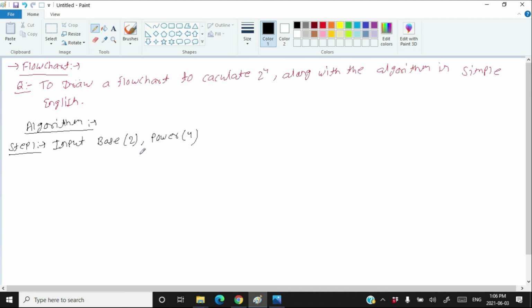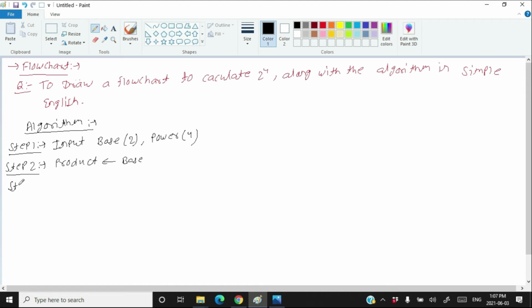We assume that the inputs given by the user of this algorithm are 2 and 4. 2 has been assigned to the variable base, whereas 4 has been assigned to power. After that, we have step 2. In step 2, you have another variable called product that gets assigned the value of base. Whatever the value of base is, that will be stored in the variable product.